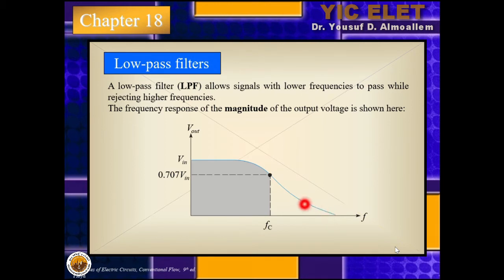So we can say that in this range the output voltage is there, like the output voltage is working. But after this critical frequency, there is no output voltage. It is much lower than the input voltage. So in this range, we can say that the circuit is not working.